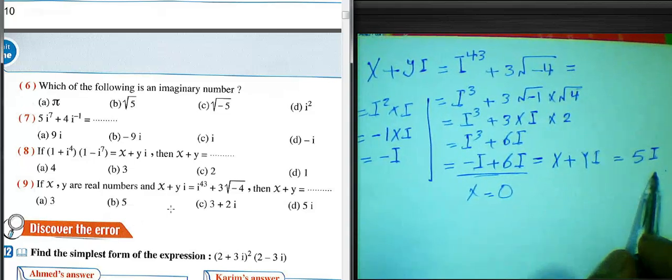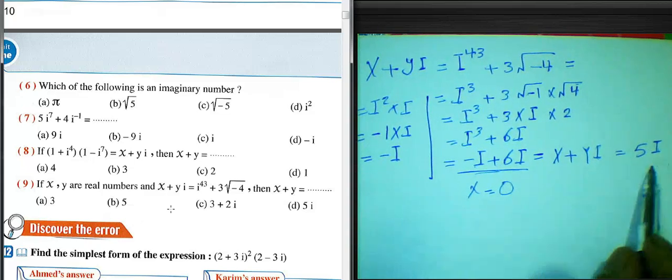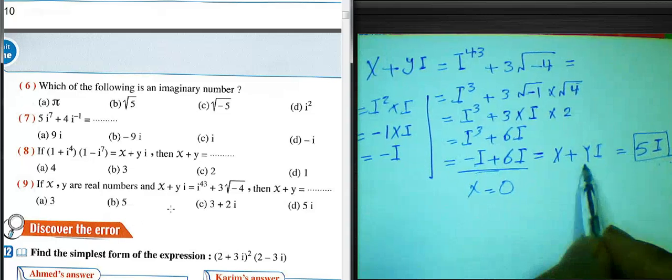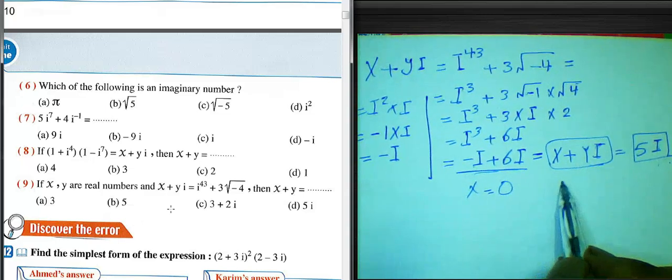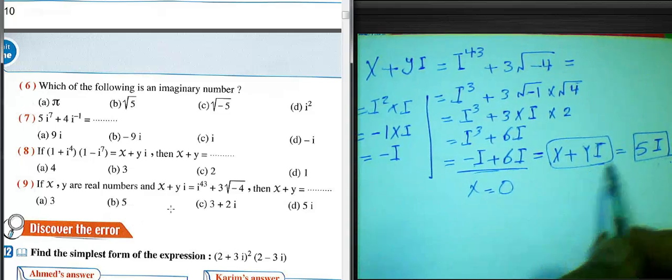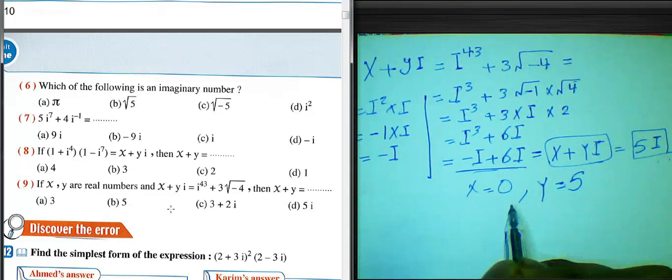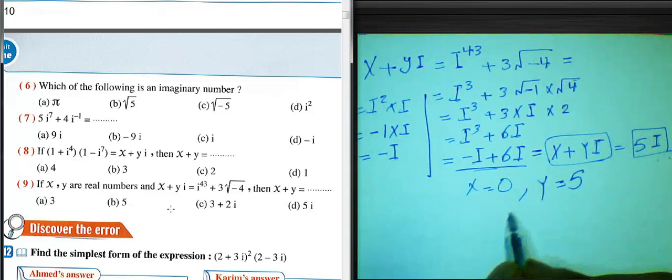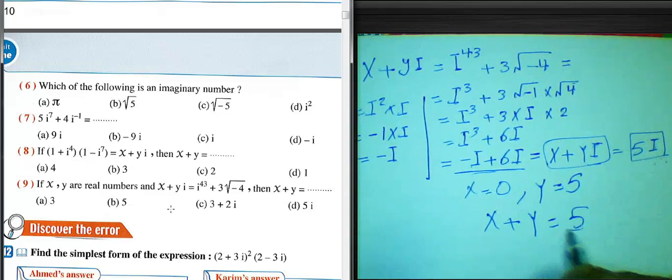Again, negative i plus 6i equals 5i, and 5i equals x plus yi. So x, the real number, equals 0, and y, the coefficient of i, equals 5. So x plus y equals 5.